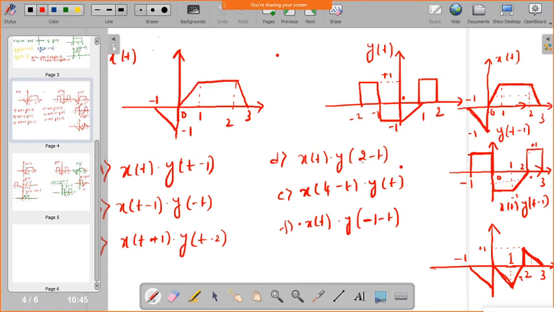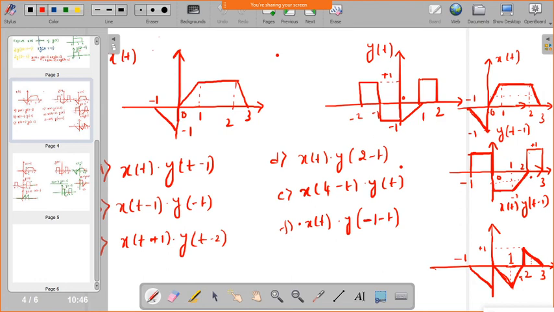First you have to do the shift operation. Make sure that because it is having a reflection also, you rewrite the signal as y of minus t plus 2. First shift the time value by 2 to the left side, then you reflect it.